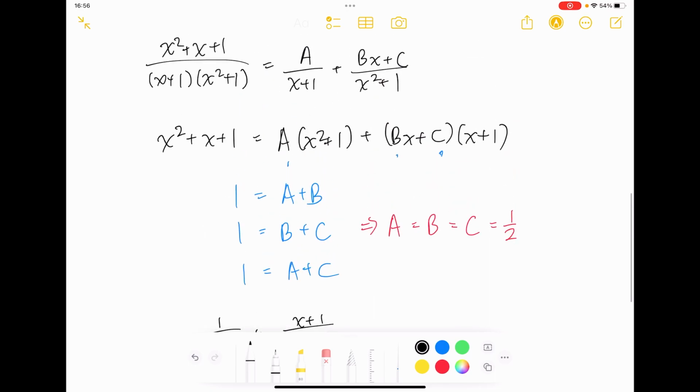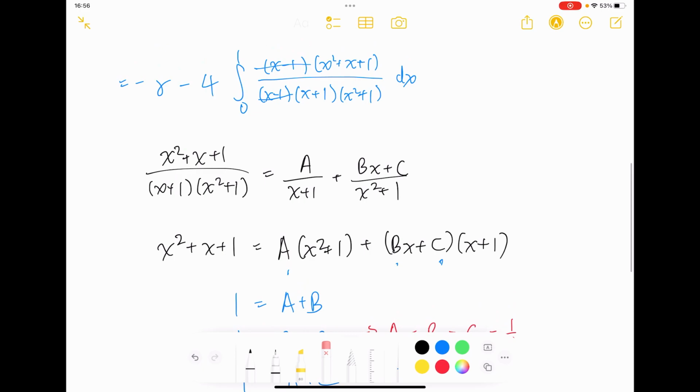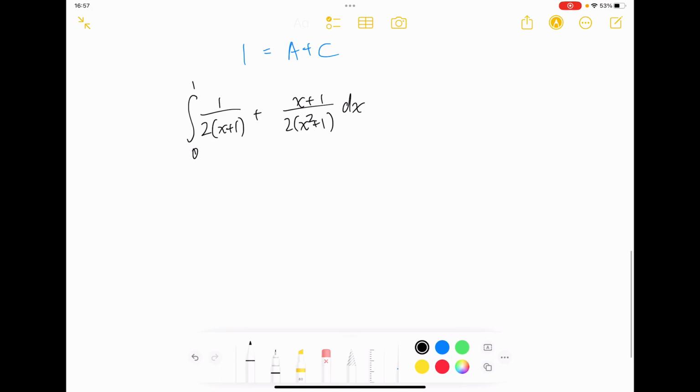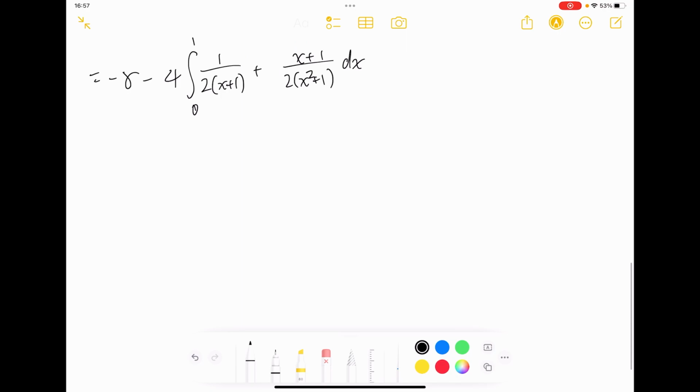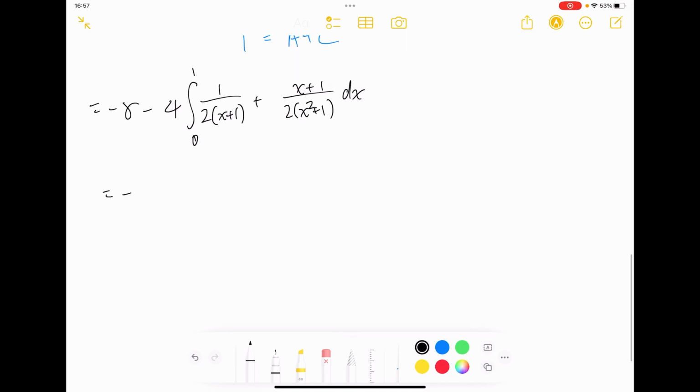Because b and c are both a half, we factored it out and put it in the denominator. And we're going to have to integrate it from 0 to 1, multiply it by 4, and minus gamma. So integrate it from 0 to 1, minus gamma, minus 4. So that is what we're going to have to integrate.